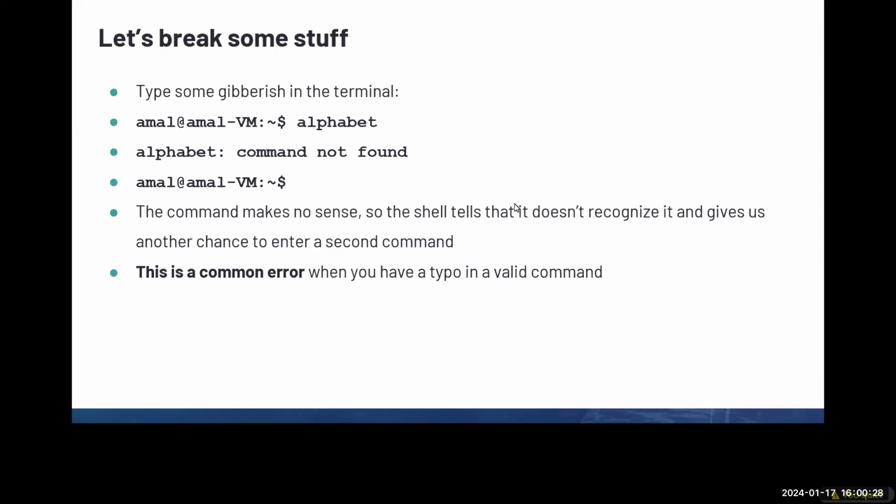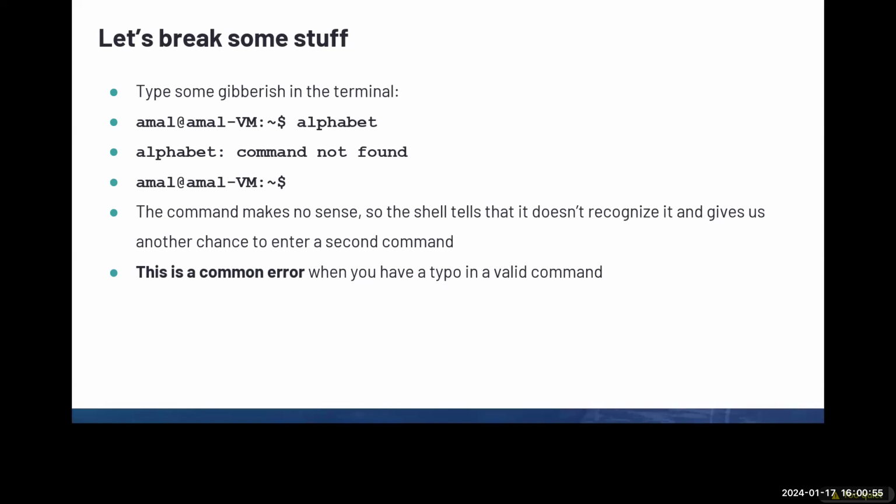Let's type a command that makes no sense, for example, alphabet. We know that Amal is the username, Amal-virtual-machine is the machine name, and we explained what the $ means. After the $, we should put our command.